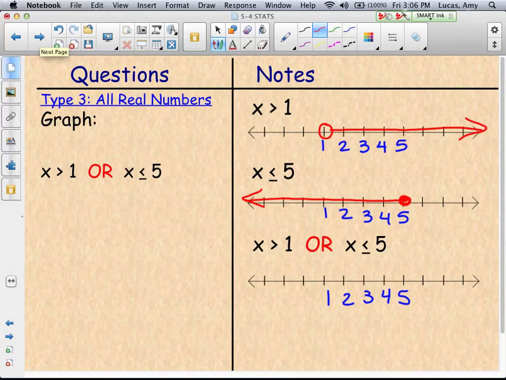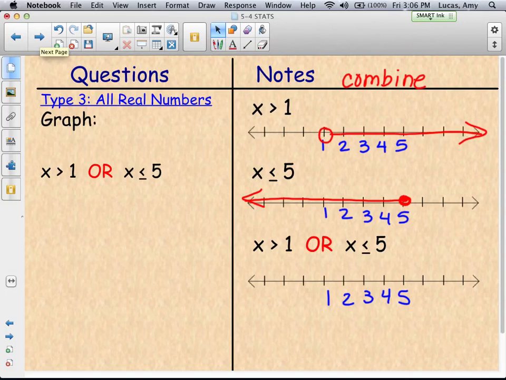Now if I combine these together, like I unite them, so picture moving those rays like this together. What happens is we have covered the entire number line.